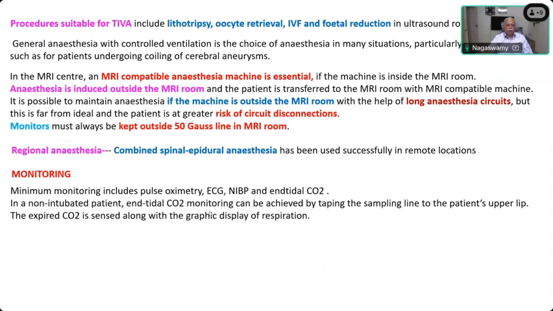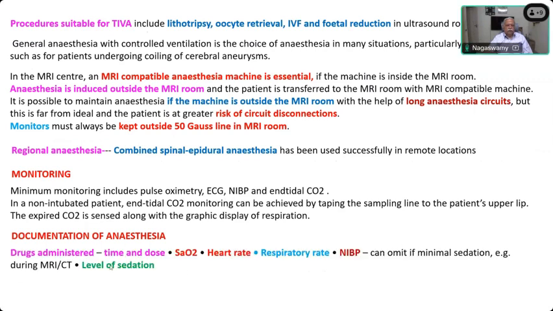Coming to the monitoring, these are the minimal monitoring. You must have pulse oximeter, ECG, NIBP, end-tidal CO2. In the non-intubated patient, end-tidal CO2 can be monitored by taping the sampling line to the patient's upper lip near the nostrils. The expired CO2 is sent along with the graphic display and respiration.